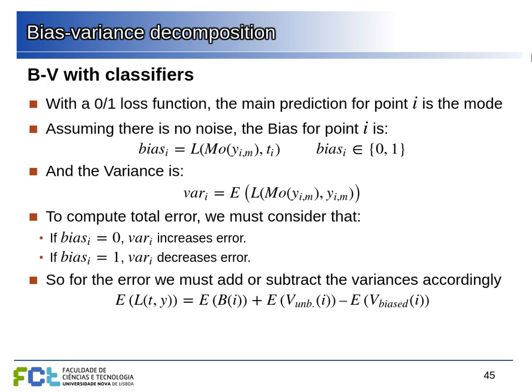So basically, when we have a bias of 0, so if most of the predictions are correct, variance increases the error, because it tells us the fraction of predictions that are wrong. If we have a bias of 1, then variance actually decreases the error, because it tells us about the other predictions that happen to be correct.